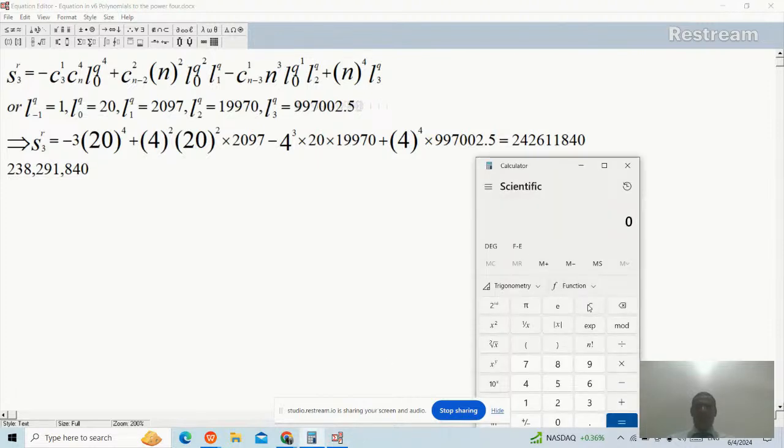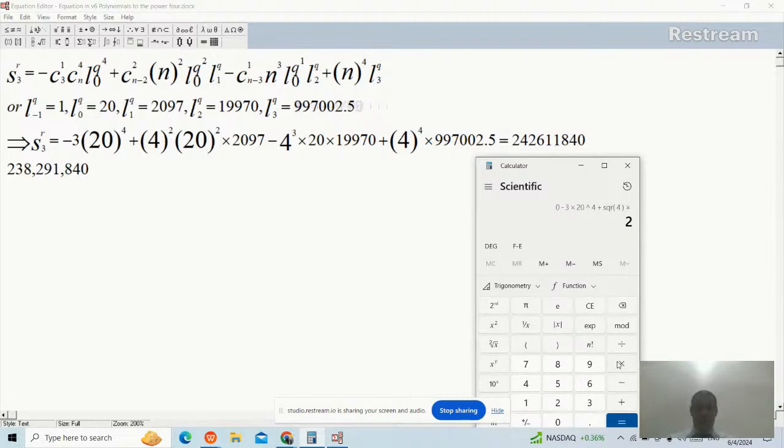So we told that -3 times what times 4 choose 4 is what? So -3 times 20 raised to the power 4. Okay, then plus 4 squared times what?